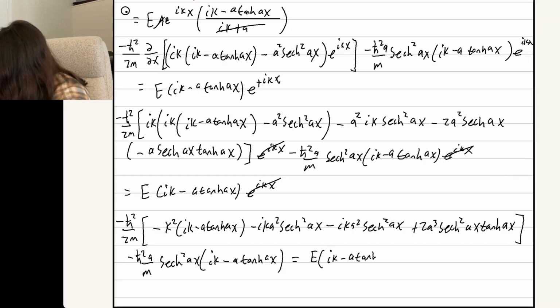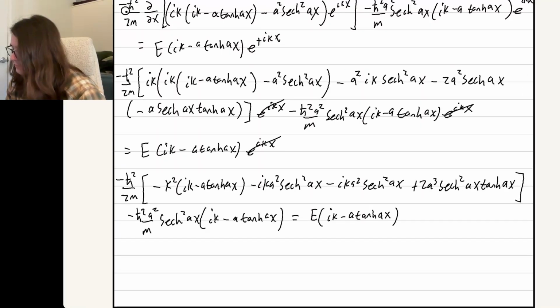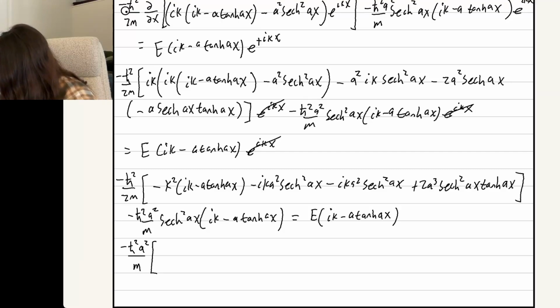Okay. So now that we have this, we're going to rewrite it in a pretty special way, because these two terms add up to 2ika squared times sech squared. This term is dependent on sech squared. So we're going to group together all the stuff which is dependent on minus h bar squared a squared over m, and it's also all the stuff dependent on sech squared ax.